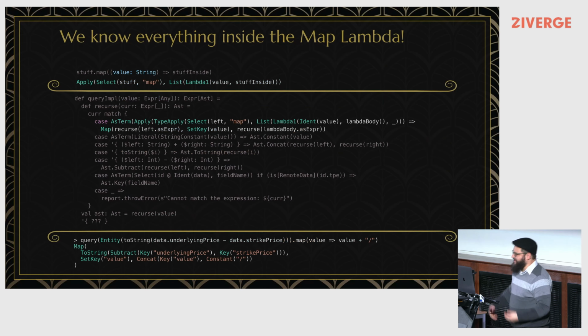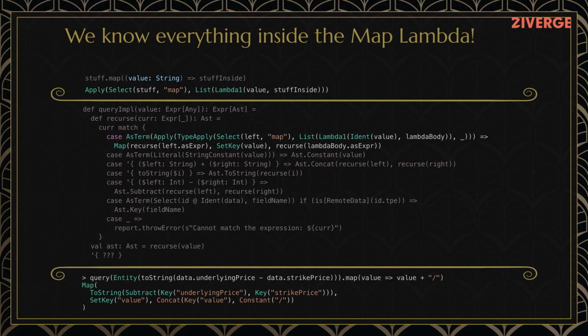Well, here's how it works. We just add yet another clause into our parser for this. So we have another as term thing, and we do the apply of the map from that. There's some additional things in here, but basically it's apply of map, and then the lambda 1 is the list of arguments that's going into the selector of .map, and then inside of that is the lambda 1, and inside of that is a lambda body.